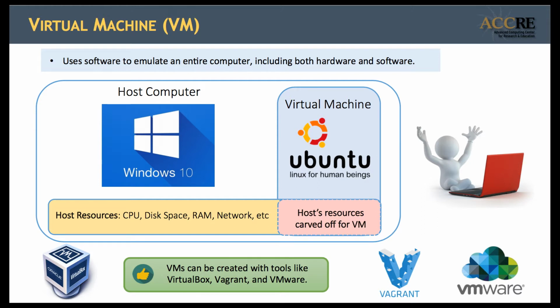And when I say entire, I mean not only the software and operating system, but actually the hardware as well. So you have virtual CPU cores, virtual RAM, virtual hard disk space, a virtual network, and so on. And within a virtual machine, you actually end up carving off some portion of your host computer's resources to dedicate to that virtual machine.